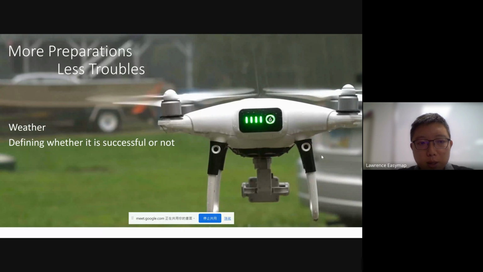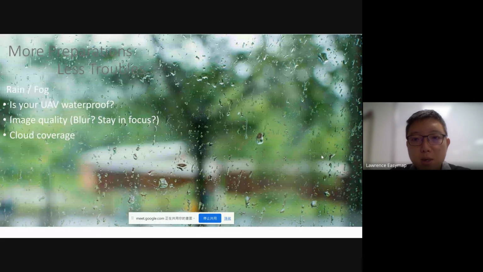Whether the weather is suitable for your operation. Is it raining and foggy? Because most of the UAVs on the market are not waterproof, the water may affect the picture quality. It may even burn the UAV and you may lose control. So remember to check the weather forecast before you go.